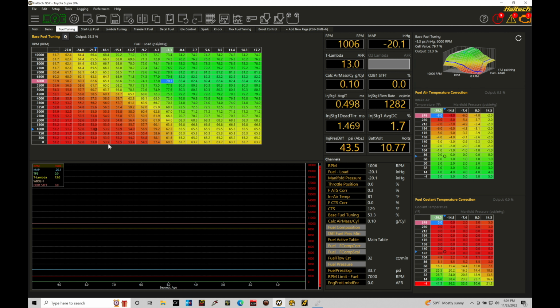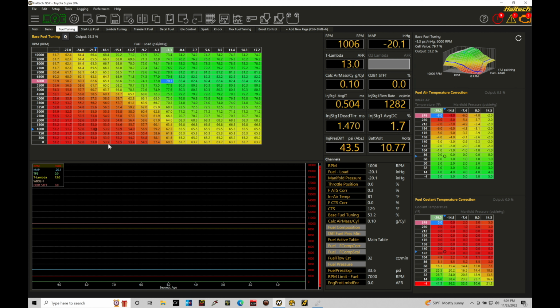Something like a Subaru or a GM are examples of redundant speed density and MAF calculations. Now with the Haltech, we don't have that. We're going to be either choosing speed density or mass airflow. But the mass airflow is going to be, as you're going to find here, incredibly simple to dial in.